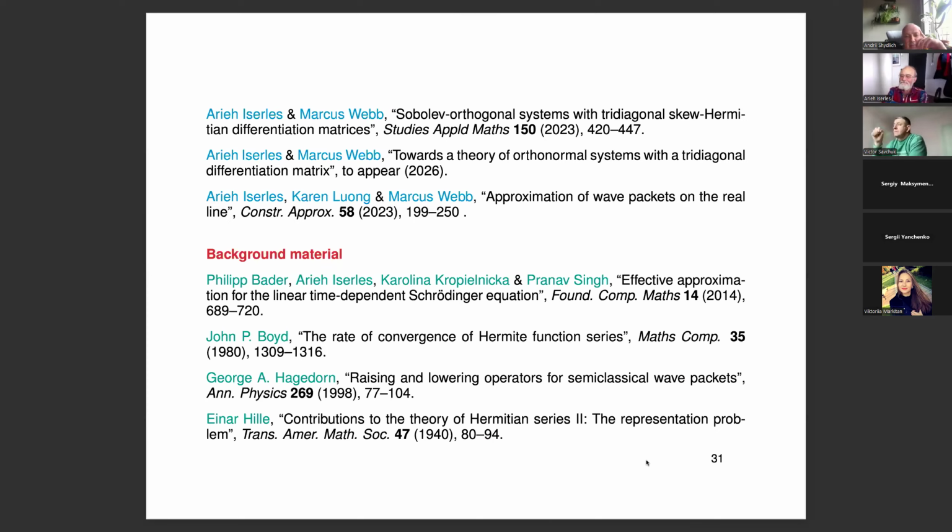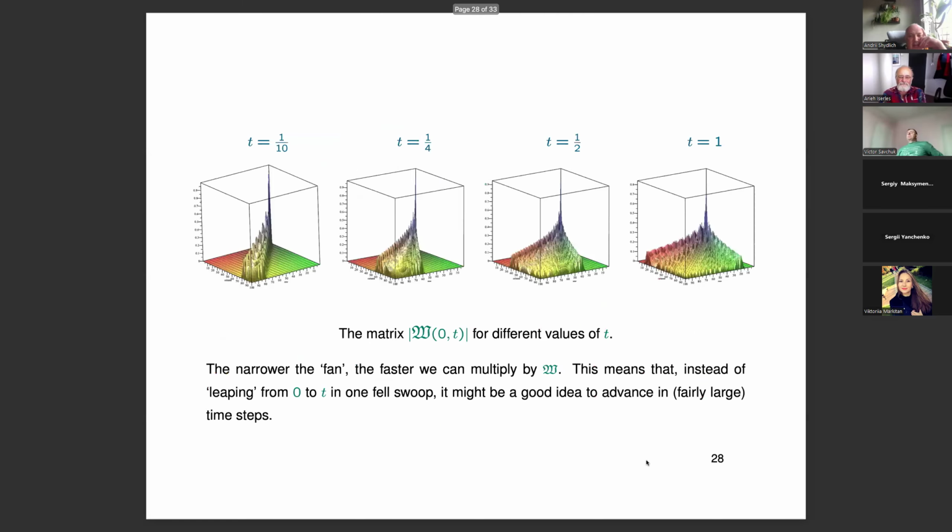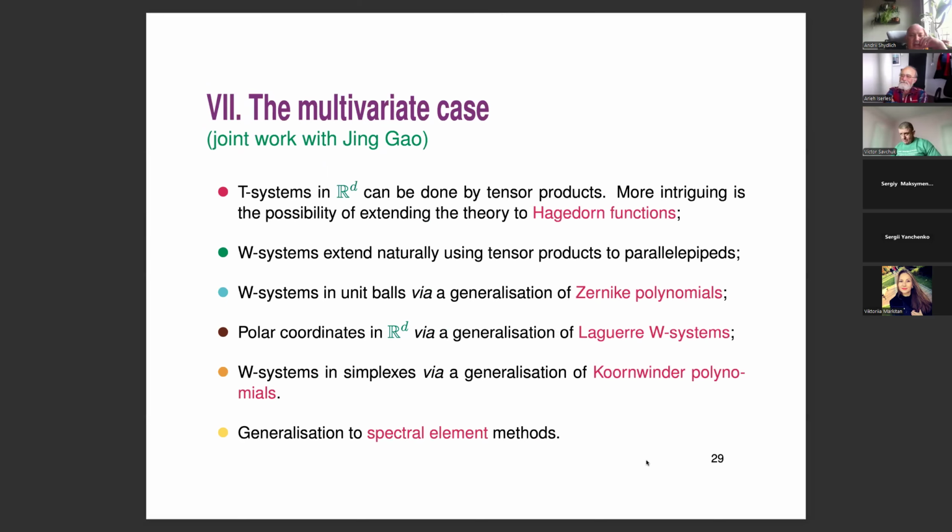At the previous page, you mentioned these Zernike polynomials. Is this for the unit disk, or do you also have some results for the multidimensional unit ball?